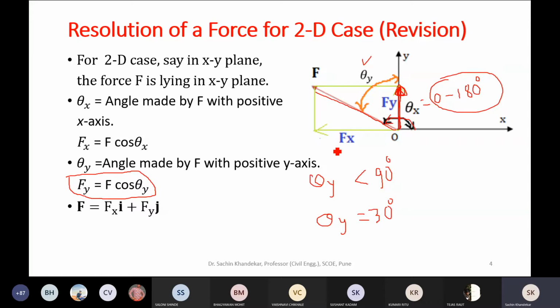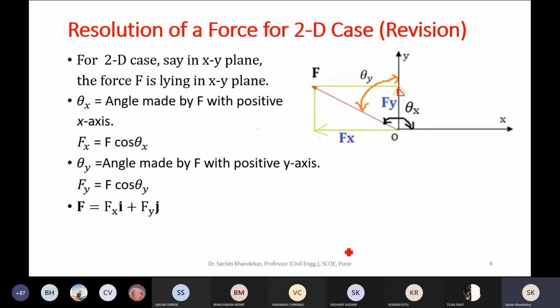Okay, I hope you are getting what I am saying here, right. So in short, as I already mentioned while discussing the resolution of a force in the two-dimensional case, here we are finding rectangular components. One more point let me mention: all these are rectangular components.